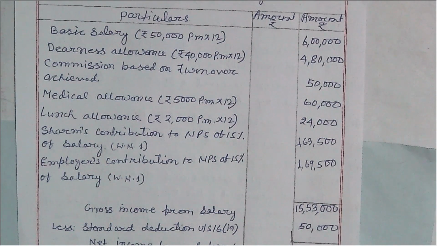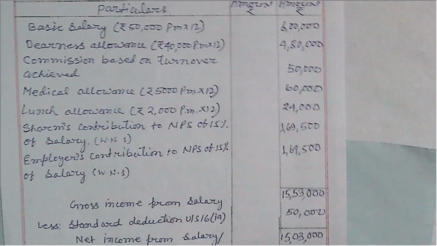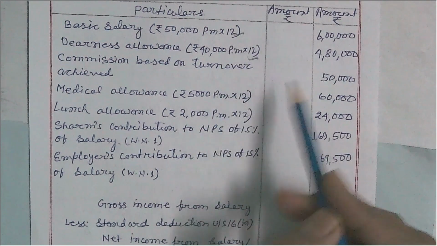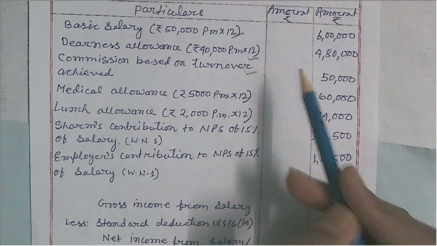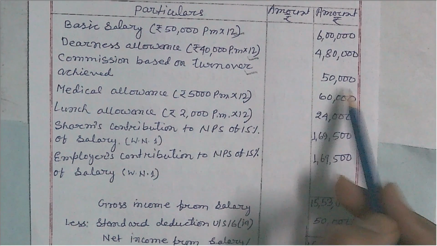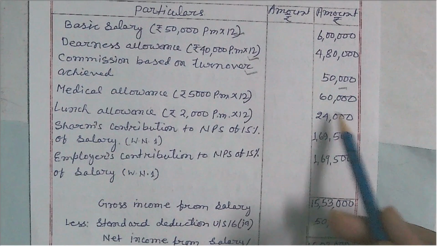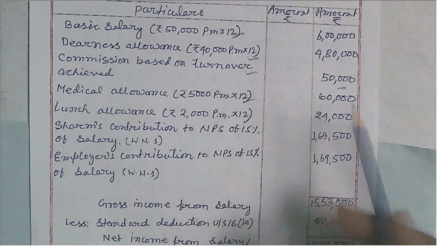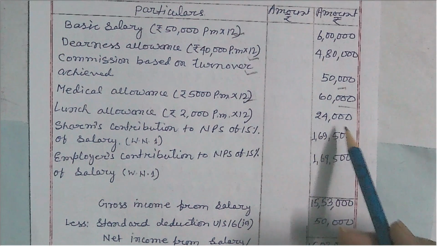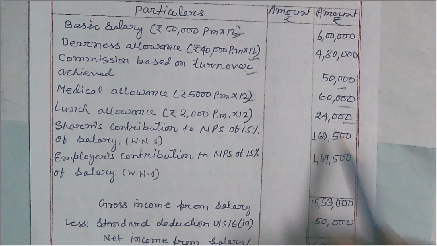Now basic salary is given 50,000 into 12, 6 lakh. Dearness allowance 40,000 into 12 months, and commission achieved on turnover. It is one time 50,000, and medical allowance 5,000 into 12 months, 60,000. Lunch allowance 2,000 into 12, 24,000.